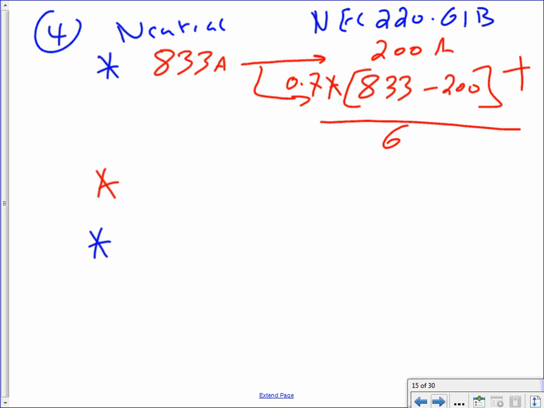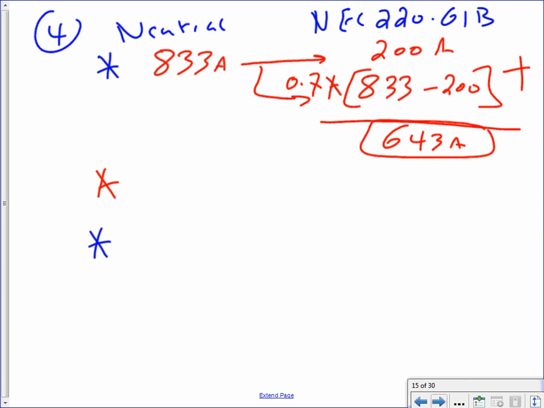You end up with 643 amps of neutral load. Why do I derate? Because the NEC code book 220.61(B) tells you to go ahead and derate, no problem.